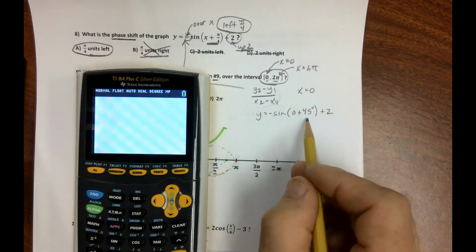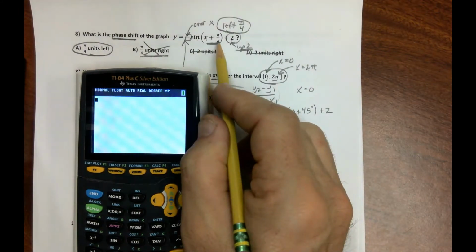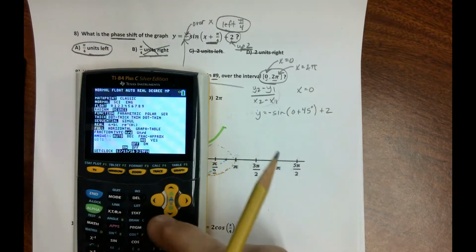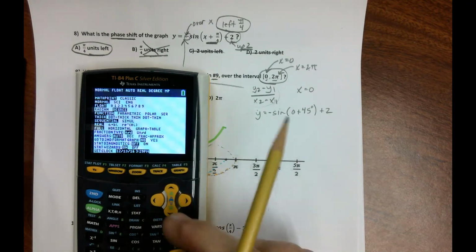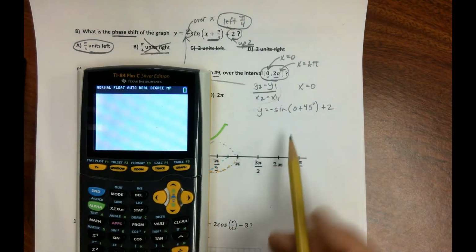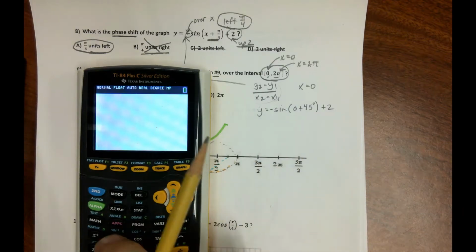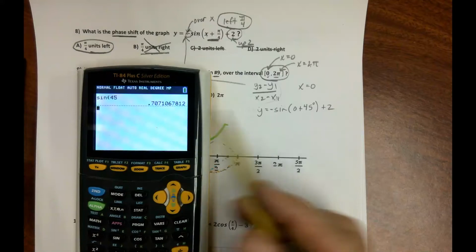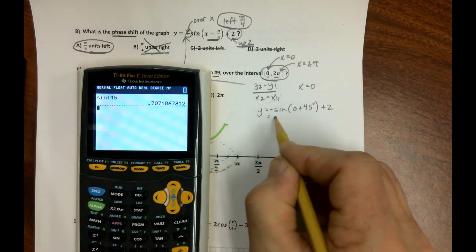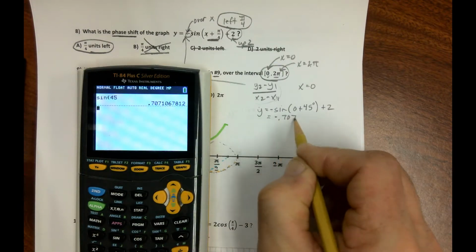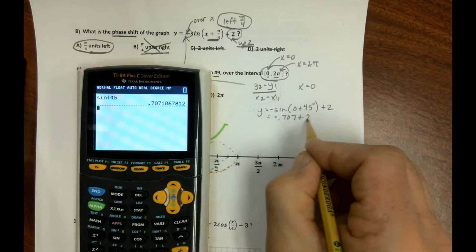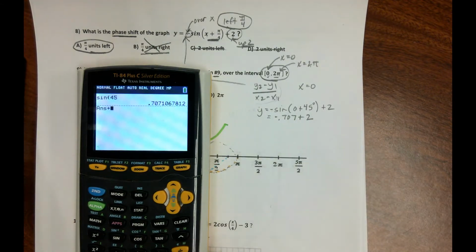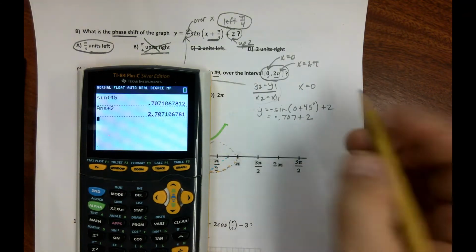The reason I typed in 45 instead of pi over 4 is my calculator, I believe, is in degree mode. So I'm going to stick with degrees. And so now I'm going to figure out what sine of 45 degrees is. So sine of 45. But there's a negative there, so it's negative 0.707 plus 2. So I'm going to put plus 2, and I get 2.707.